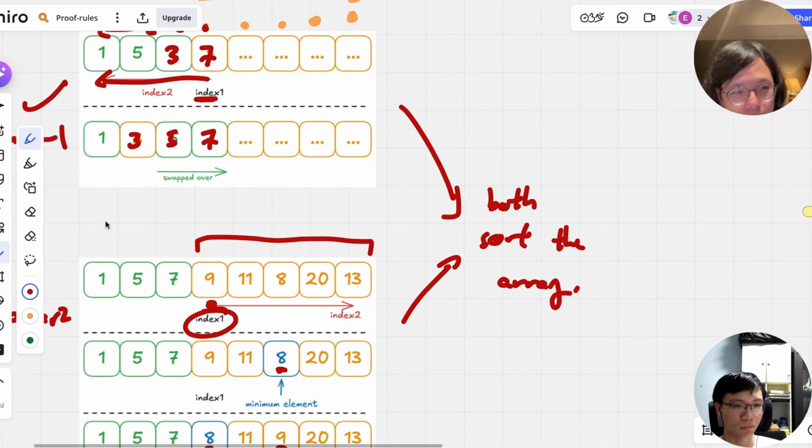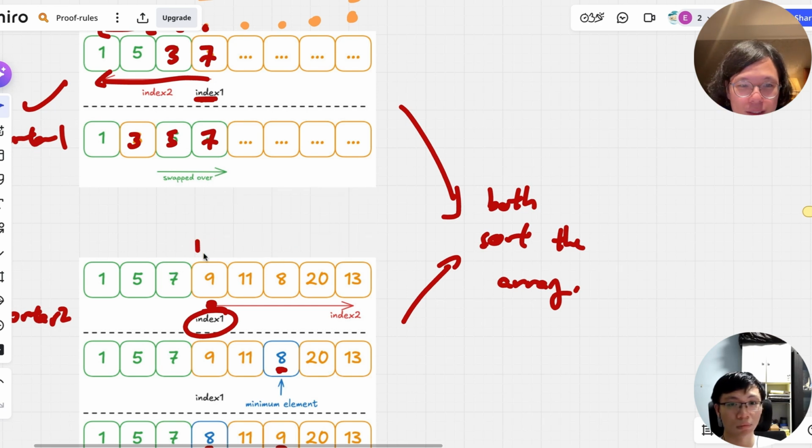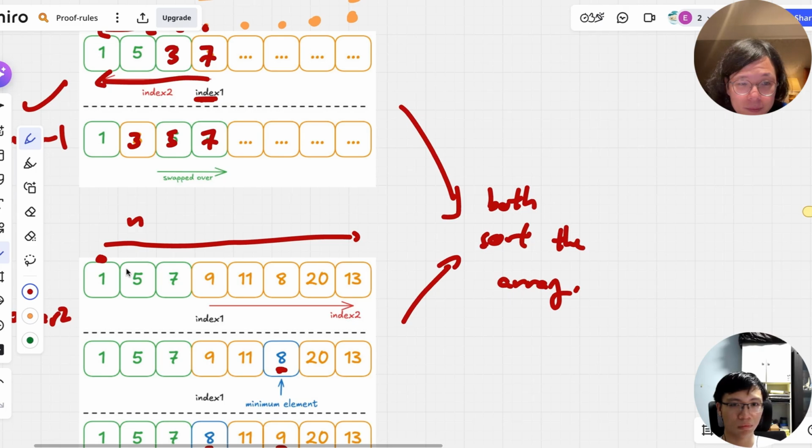index, I've scribbled a lot over the screen, but let me remove this. So you can imagine how at the very beginning when index 1 is here, we have to iterate across the entire array. So that's all n elements, right?